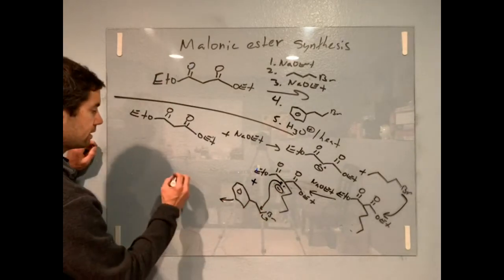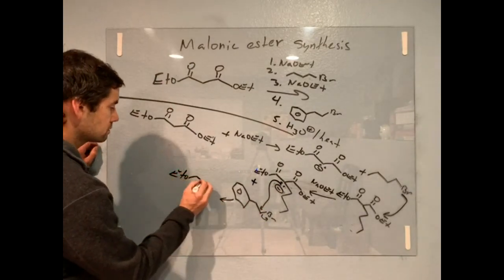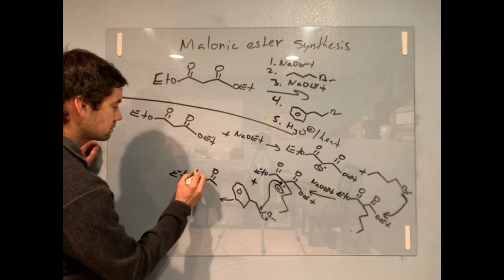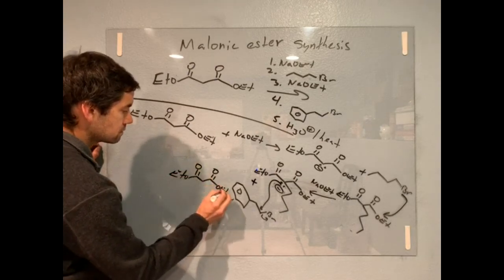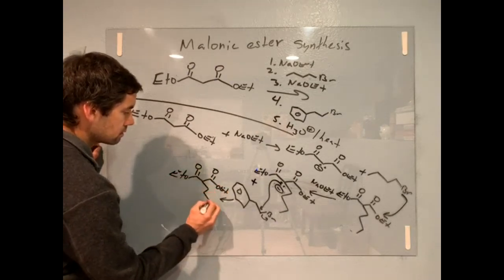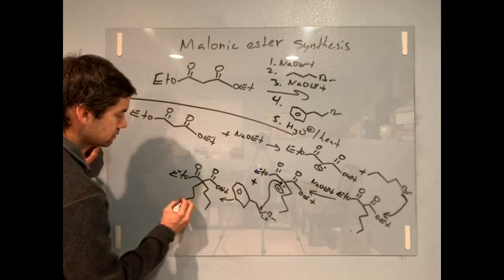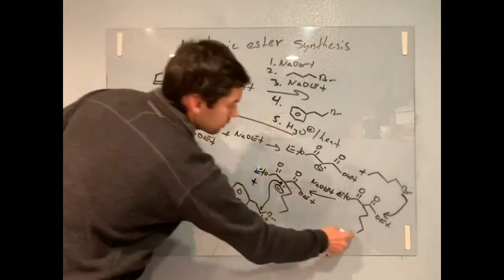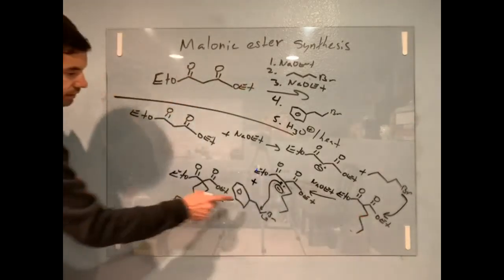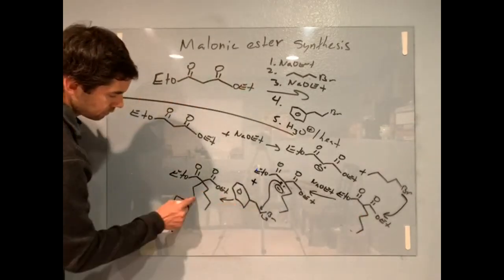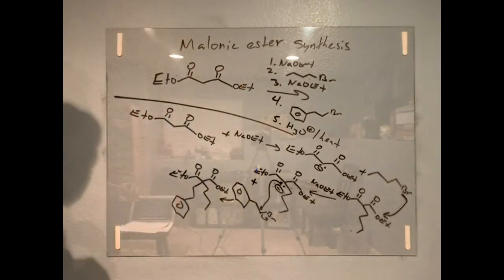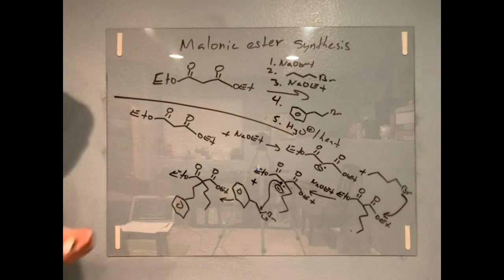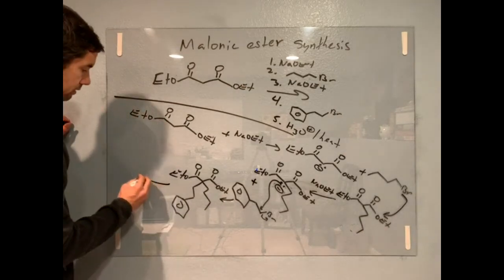And then we get our EtO. 1, 2, 3, 4, and then we get 1, 2. So we get this species here, right? And then again, what's going to be our last step? What are we going to do last? Well, we could take this, and I'm running out of board space.